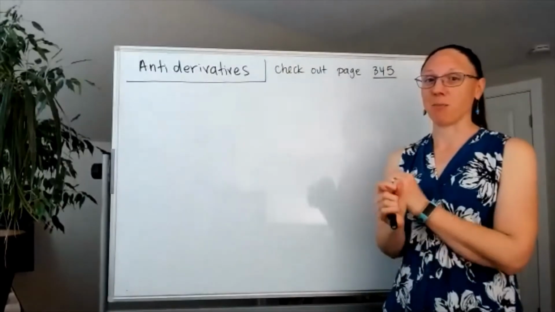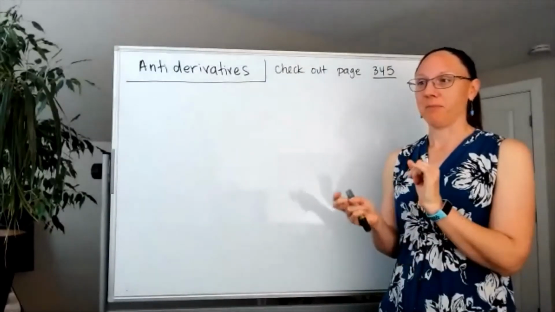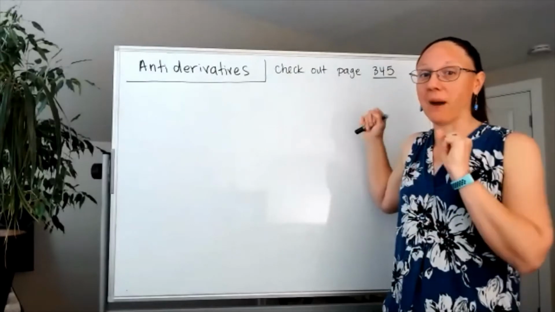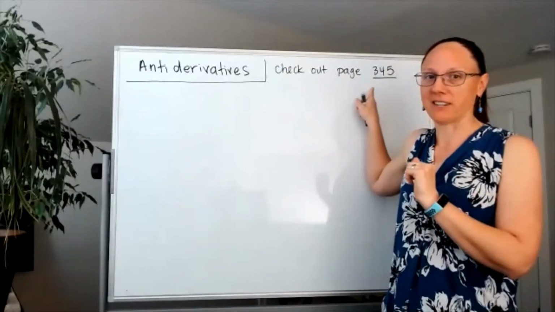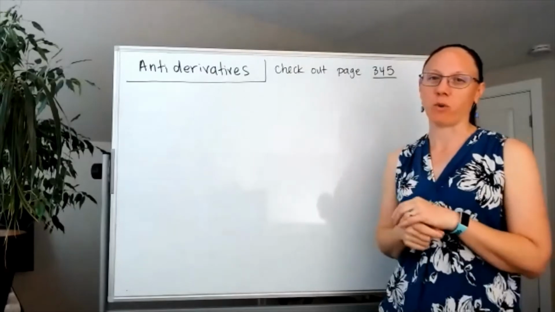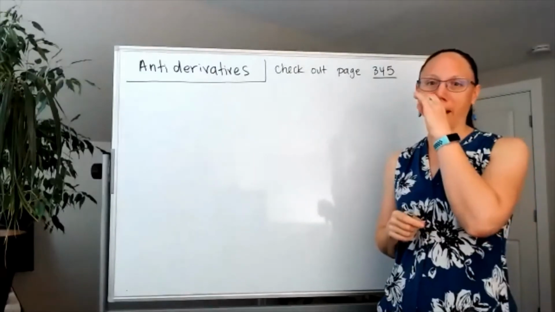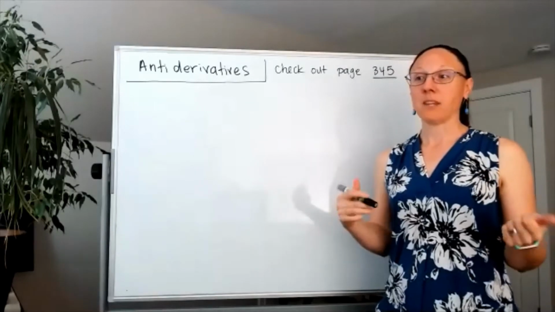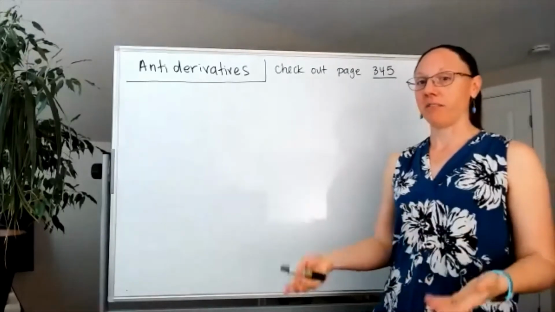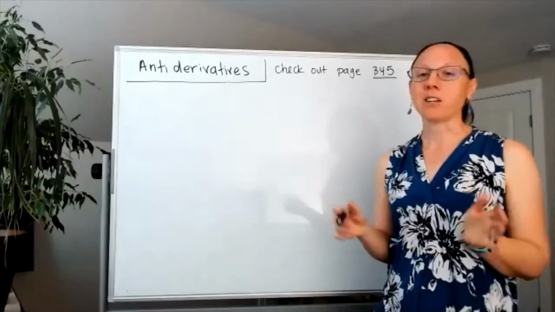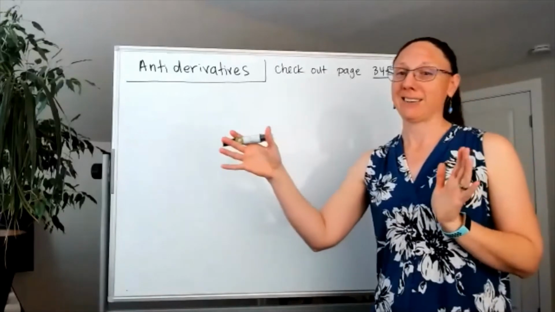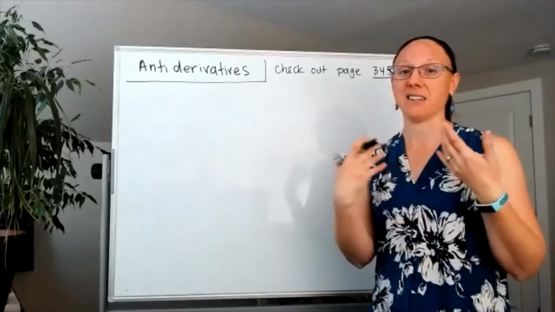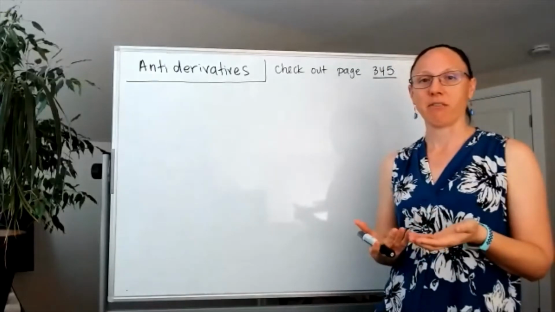I already mentioned this, but not in section 4.6, a better table for antiderivatives is on page 345 of our textbook. And I'm pointing that out for 2 reasons. One, 4.6 is like a start of antiderivatives, but we're actually going to build up like 2 or 3 weeks' worth of practice and techniques for finding antiderivatives.